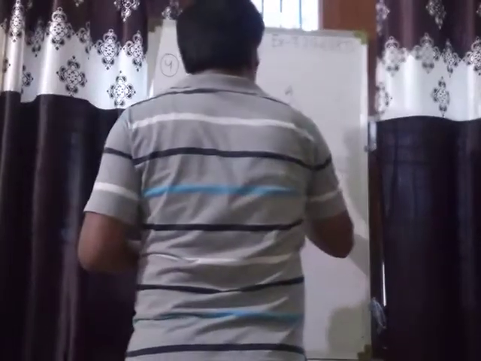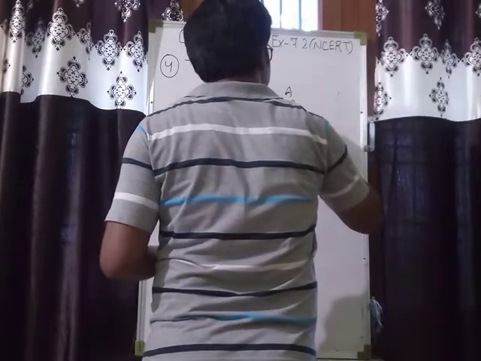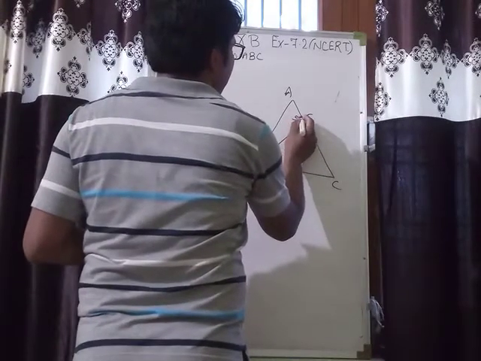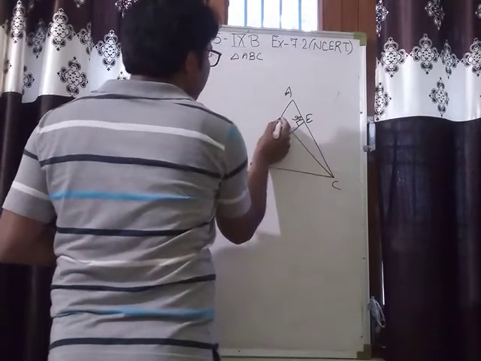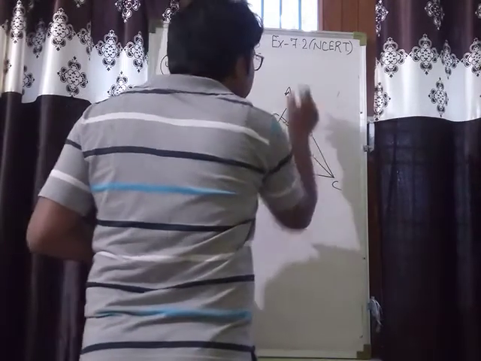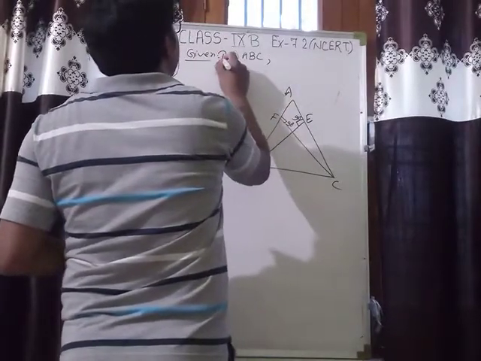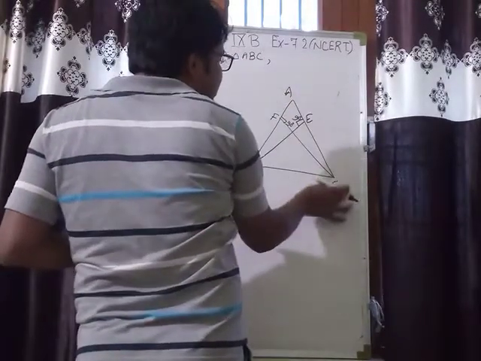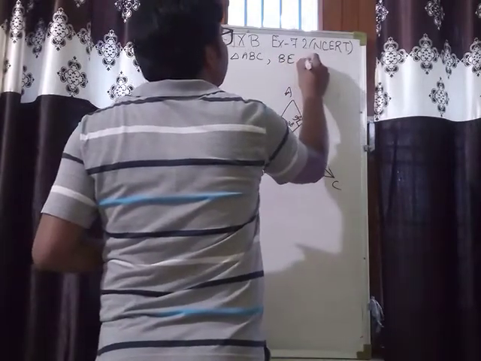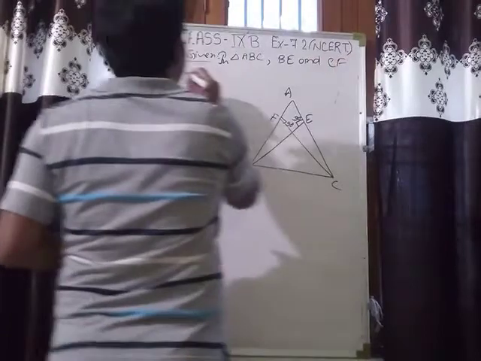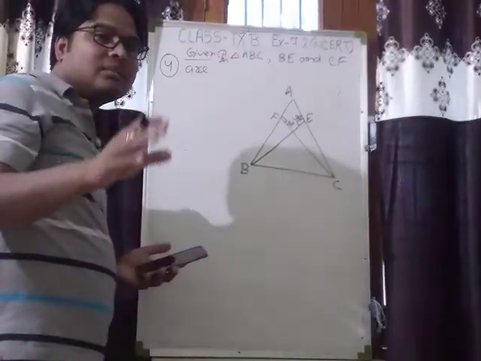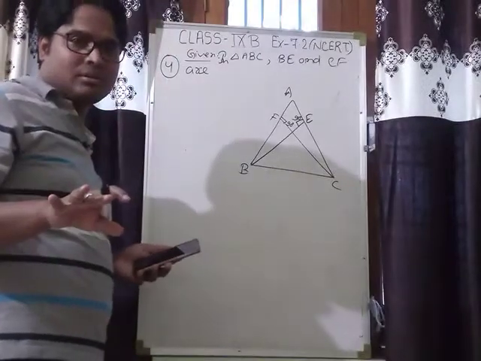See, the altitudes BE and CF are on AC and AB in triangle ABC. It is given that BE and CF are equal altitudes.